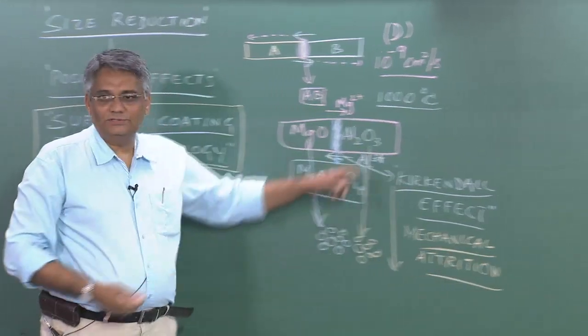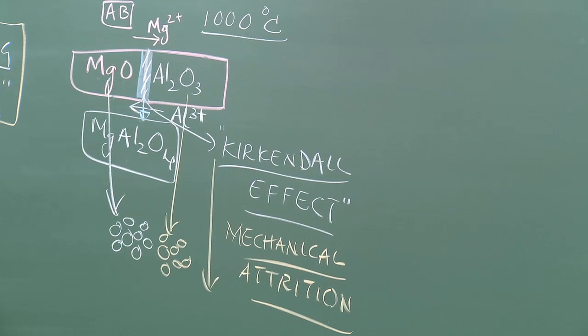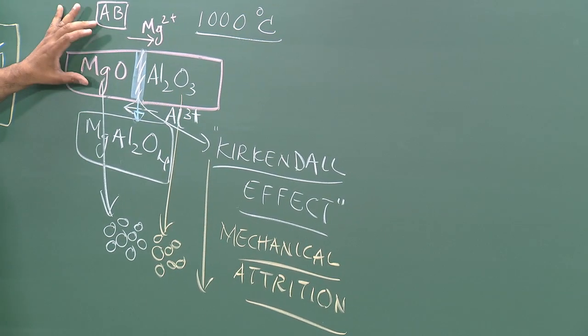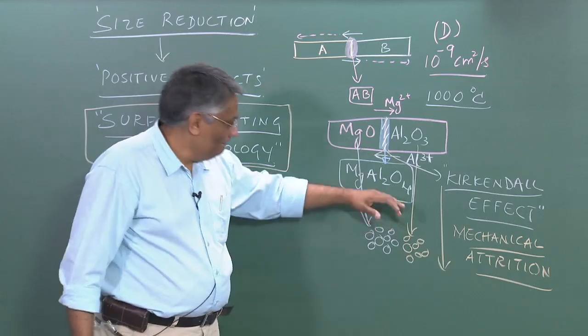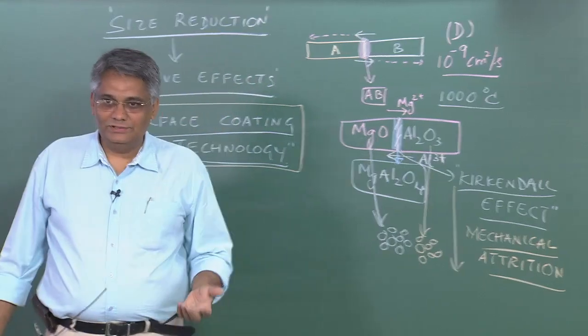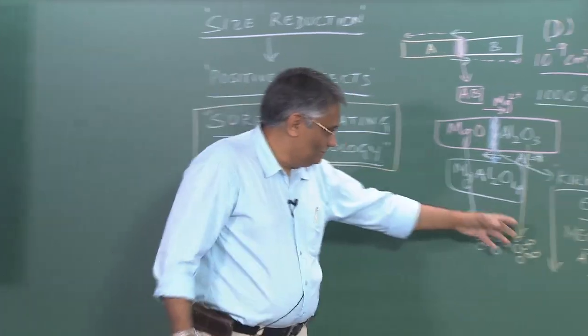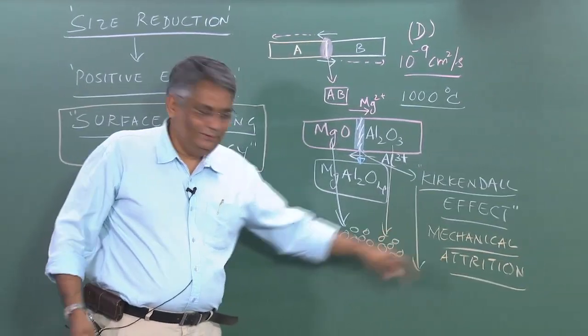So the process of mechanical attrition, you break this solid body into smaller particles. That's all. That's what you're doing. And this can be done by crushing, pounding, which is called mechanical attrition.